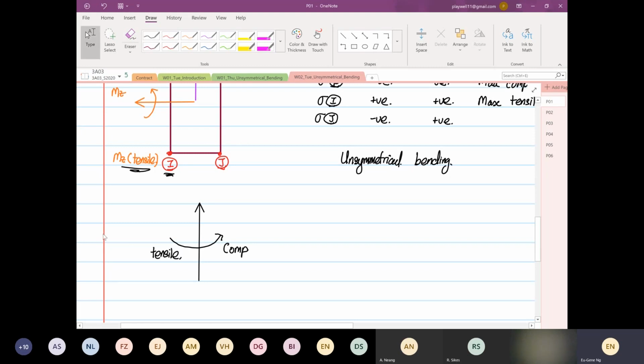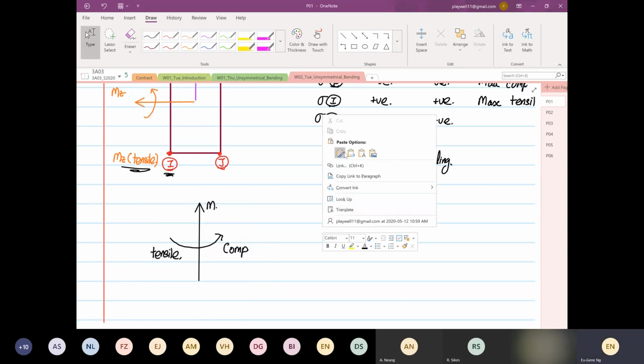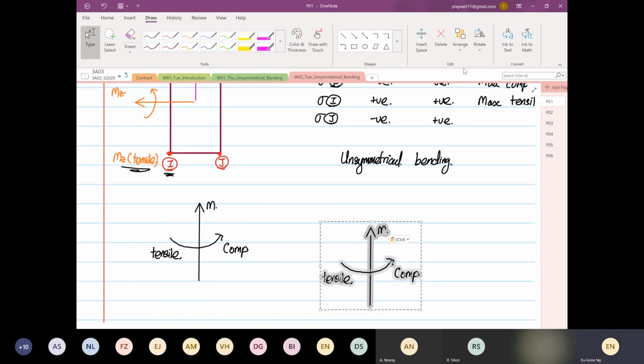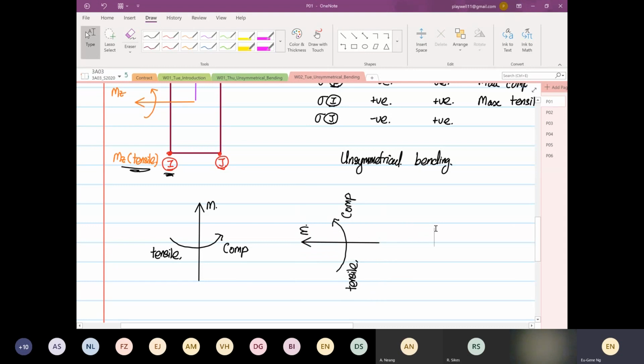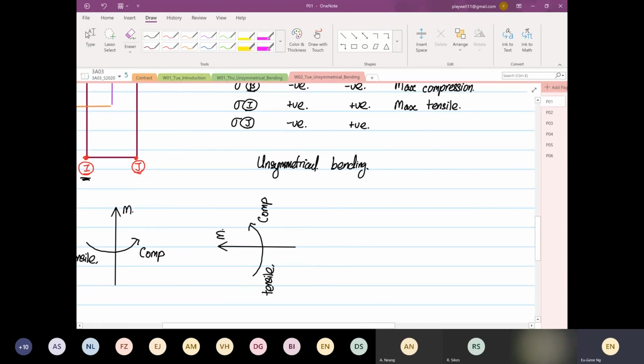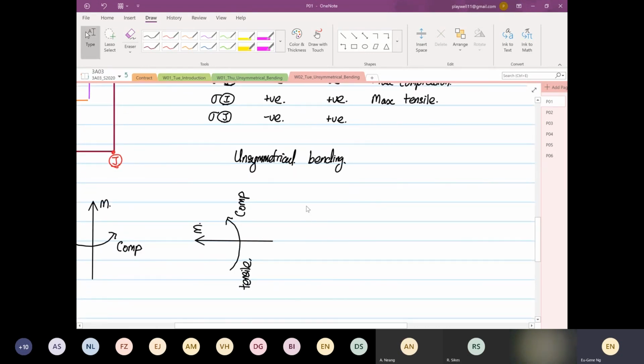So the next thing that you do, if you are not sure which is compression or tensile, you just need to draw this, and you copy and you paste, and then you rotate this by 90 degrees towards the left. Okay, so when the moment arrow is at that direction, compression is on top, tensile is below. And I'll do it again.